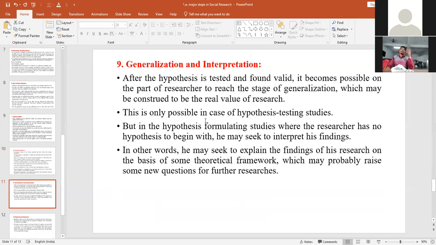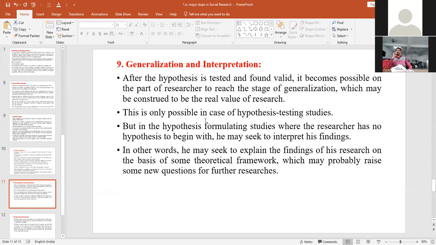And after testing of the hypothesis, comes the generalization or the interpretation of the data. After the hypothesis is tested and found valid, generalization becomes possible on the part of the researcher. This is only possible in the case of hypothesis testing studies. But in hypothesis formulating studies, where the researcher has no hypothesis to begin with, he may seek to interpret his findings.